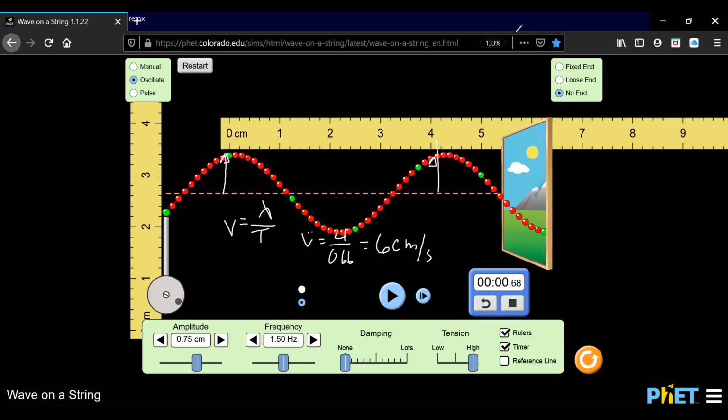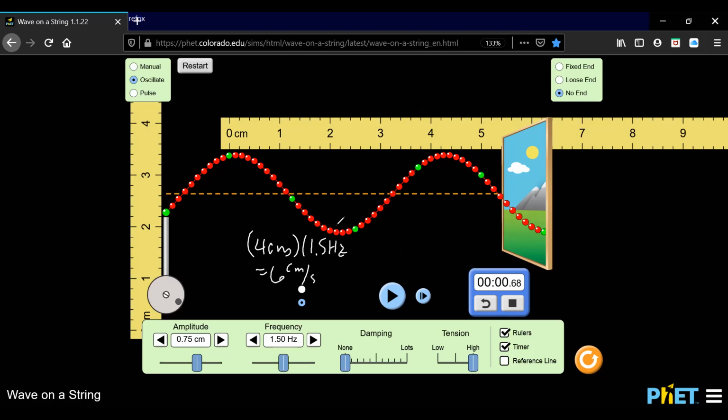Okay. Now, here's the part that tends to throw people off. What if we change the frequency? So that was a medium frequency, 1.5 hertz, which, by the way, if you multiply the wavelength, 4 centimeters, by 1.5 hertz, you also get 6 centimeters per second.